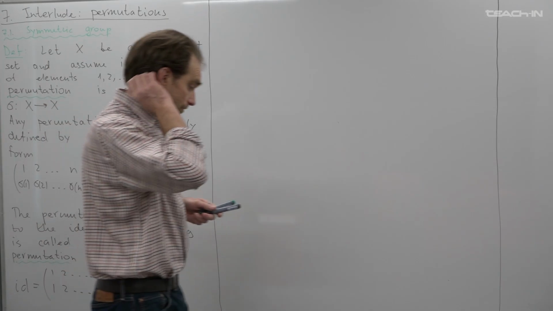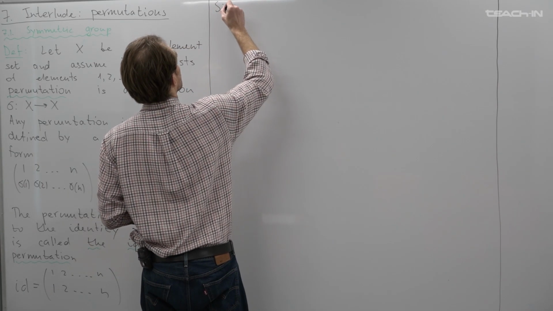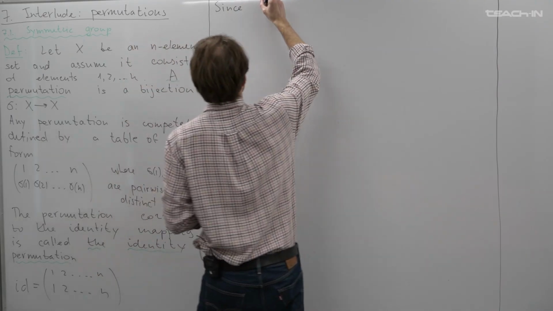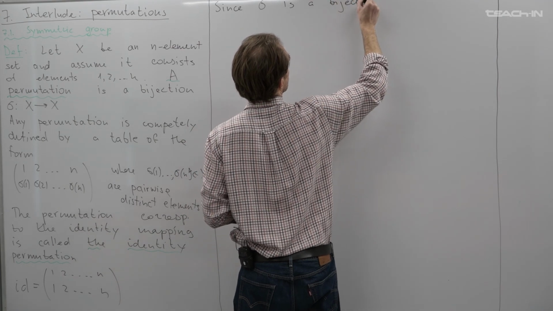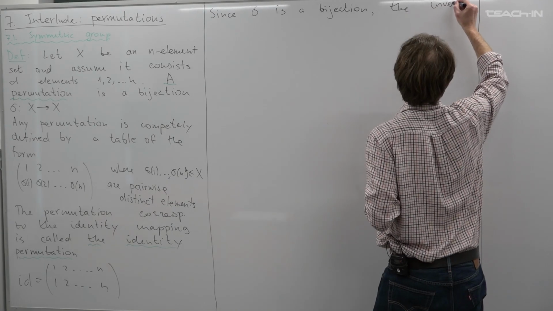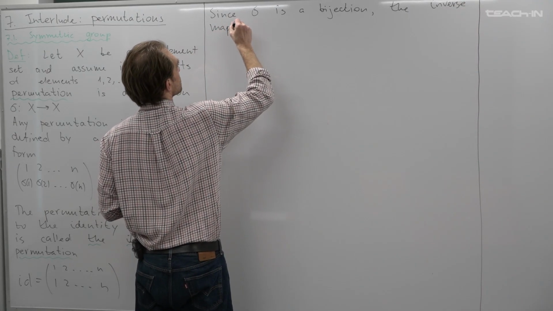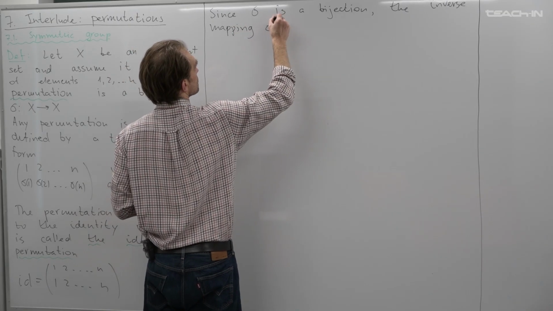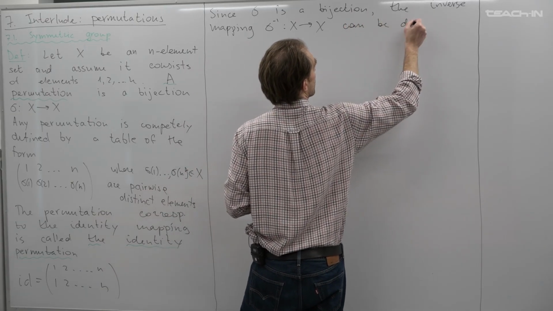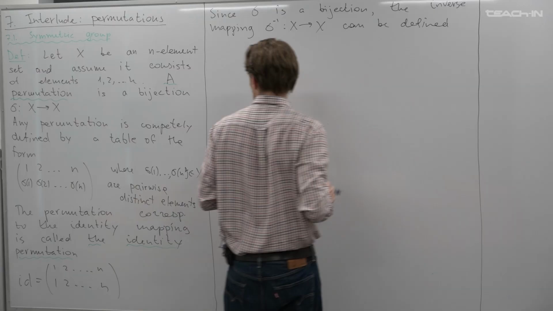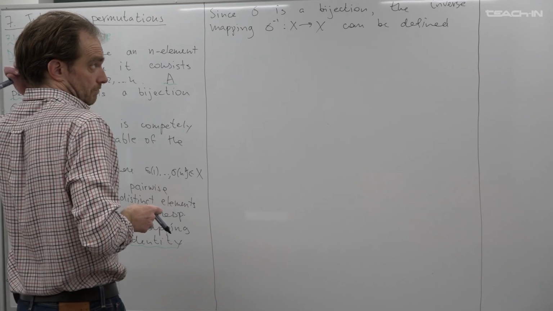Okay, then since sigma is a bijection, the inverse mapping is defined. So, how do we define this inverse mapping?